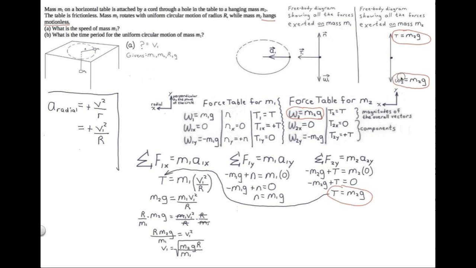But the weight force on object 2 is trying to begin object 2 moving downward. So to prevent object 2 from beginning to move downwards, the tension force has to cancel the weight force on object 2. So yeah, it makes good sense that the magnitude of the tension force equals the magnitude of the weight force on object 2.